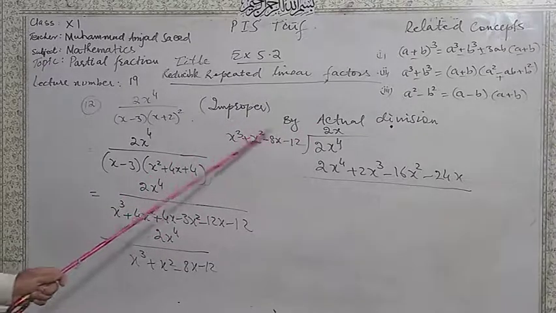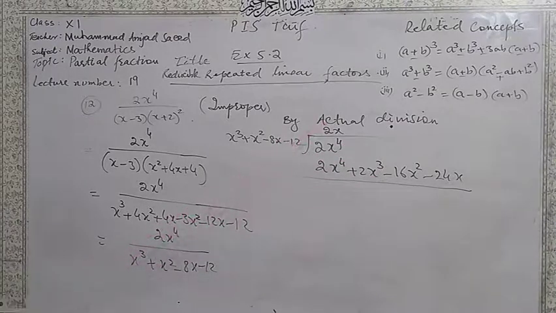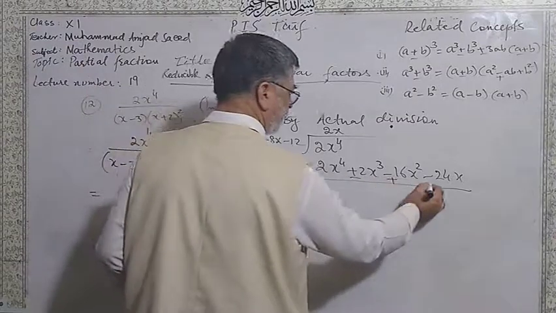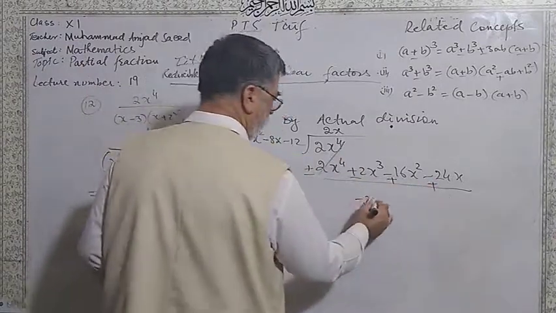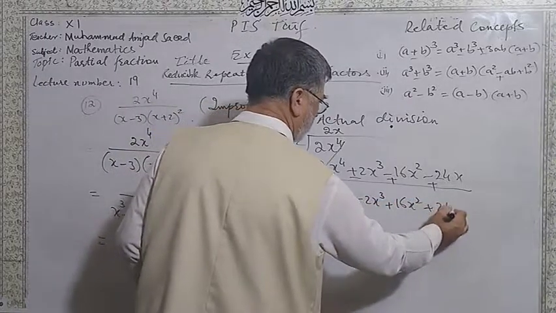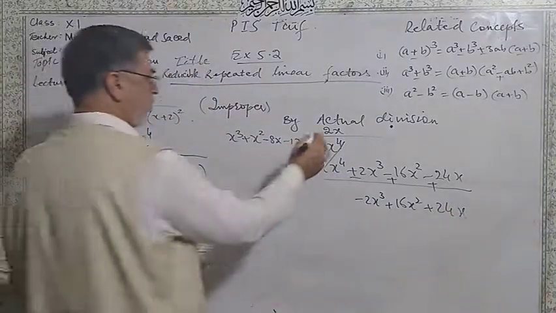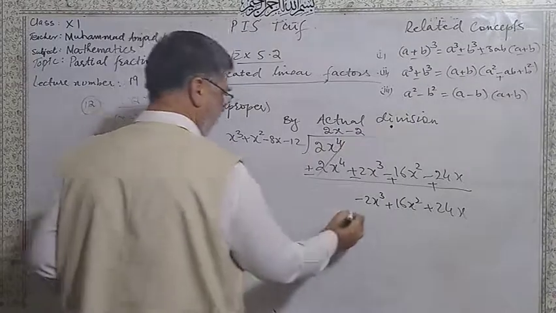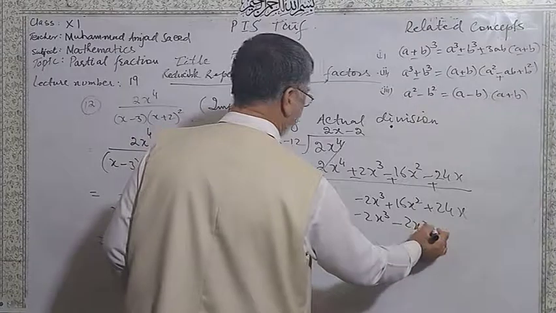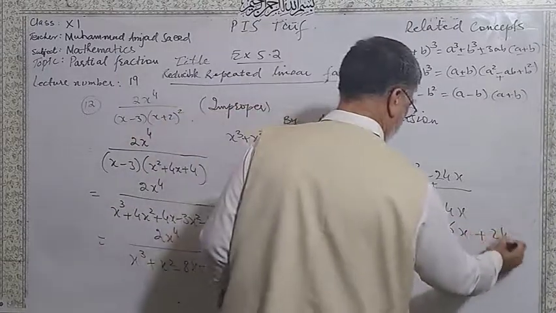You will change the sign here, cancel out, minus 2x cube plus 16x square plus 24x. Here you can check, it will go with minus 2. Minus 2x cube minus 2x square plus 16x plus 24.